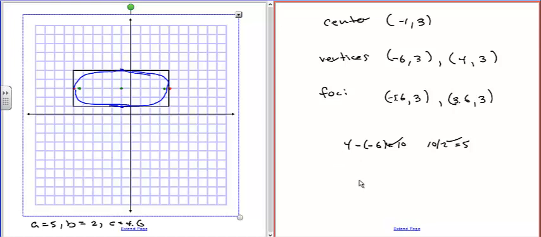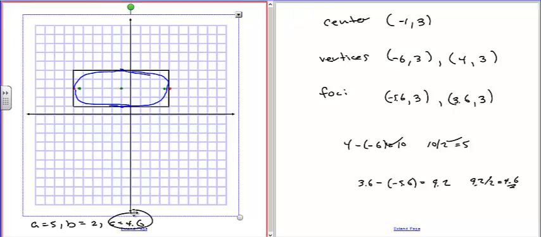And again, if you take 3.6 subtract a negative 5.6, that's 9.2. If you take 9.2 divided by 2, that's 4.6, which is C. So again, feel pretty good about that. So that's what I'm expecting to do.